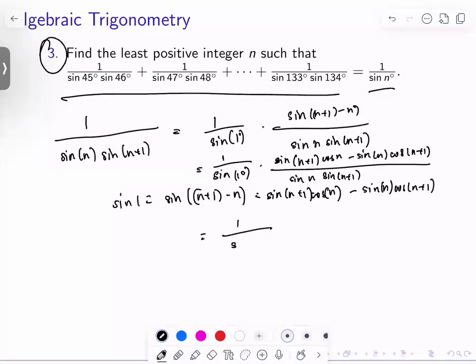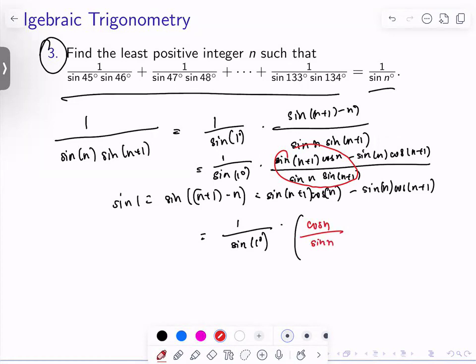So that becomes 1 over sine 1 degrees times, and we can split this thing into two different fractions. If you divide this part by the denominator, then the sine n plus 1s will cancel out, and you'll get cosine n over sine n.